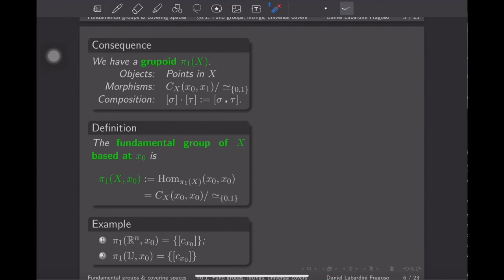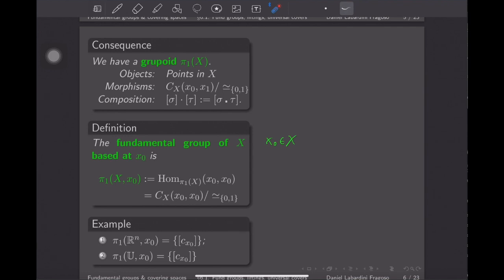And the fundamental group of X based at any point. So I take here any point x naught in X. I denote it by pi one of X comma x naught, based at x naught, and it's simply the set of morphisms from x naught to x naught in this groupoid.